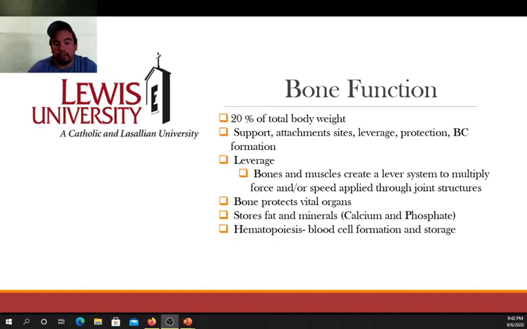Now we'll dive into the leverage a little bit later when we dive into the muscles, and we'll understand that a little bit better. But it also stores fat and minerals. Fat is in the bone marrow, and the minerals are stored within the bone, and those minerals are calcium and phosphate. And then you also have hematopoiesis, which is blood cell formation and storage.